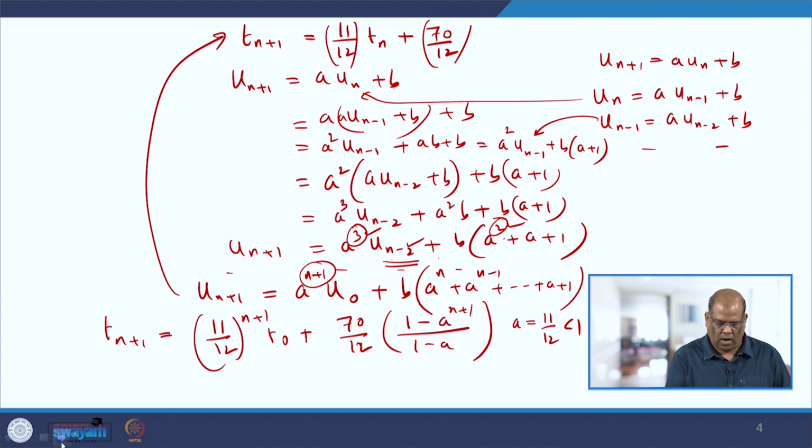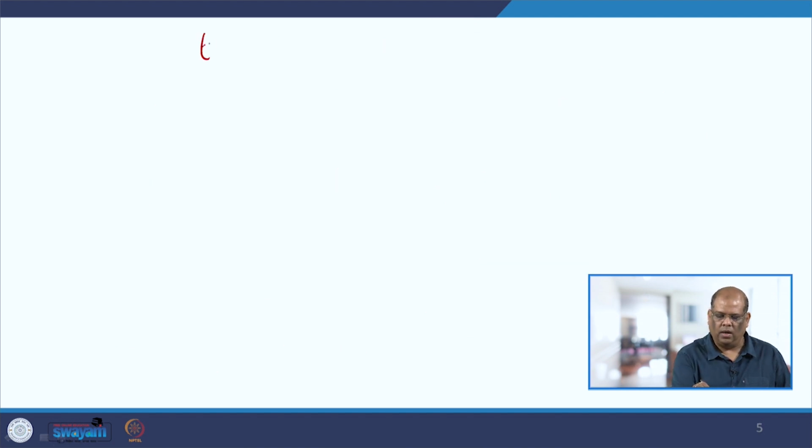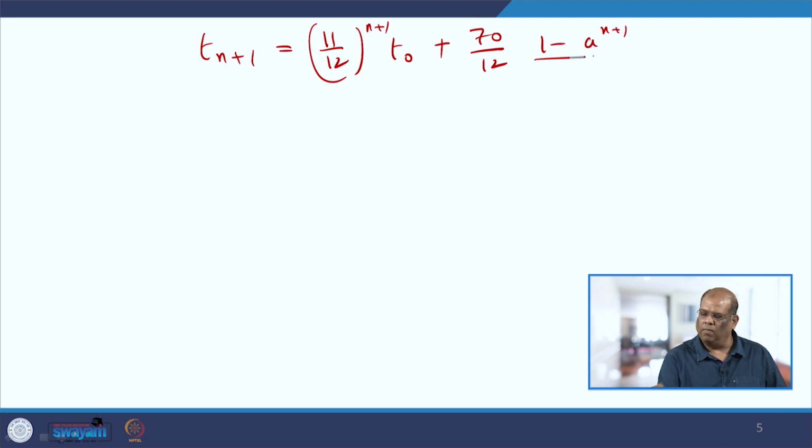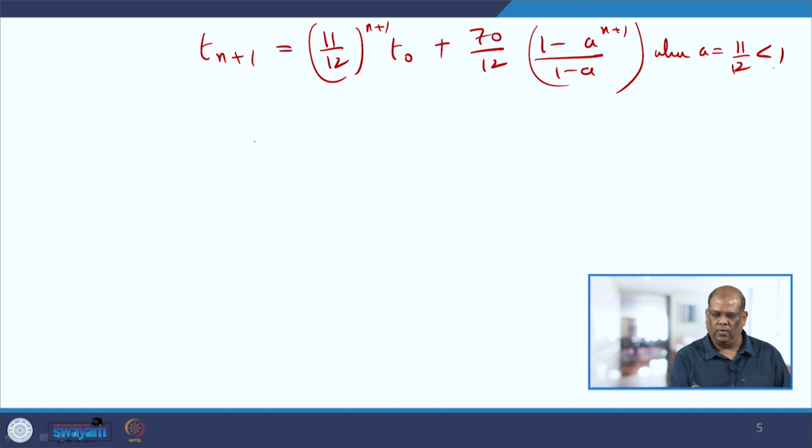So, I can write T_{n+1} is equal to (11/12) to the power n plus 1 into T_0 plus b, which is 70 by 12, (1 minus a to the power n plus 1) by (1 minus a), where your a is equal to 11 by 12 and is less than 1.